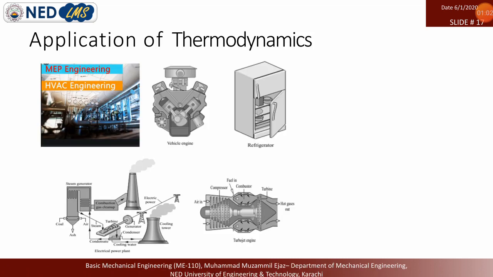As I already gave a brief description of HVAC, MEP and heat transfer, you can easily identify the application of thermodynamics in it, that all the machines behind the HVAC system work on thermodynamics principles. Like we have the application of a refrigerator. By the refrigerator I can explain the HVAC system.